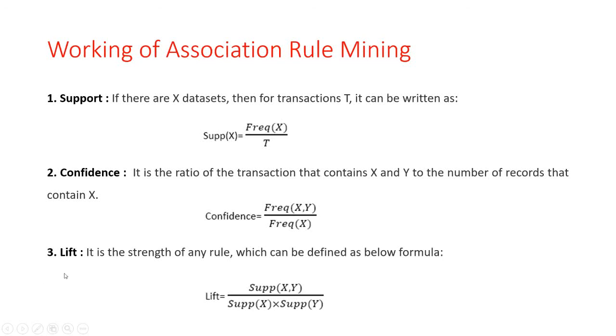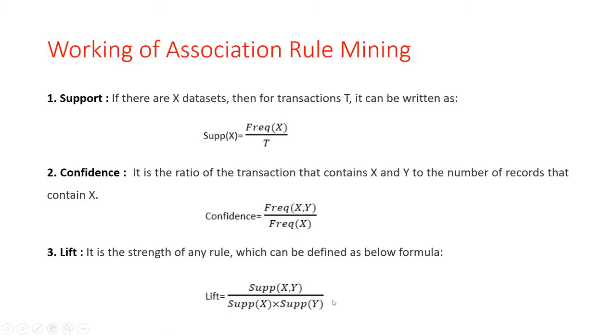And what is meant by lift? As I said, lift is defined as the strength of any rule. So lift is equal to support of X comma Y, in which X and Y appear together, divided by the support of X into the support of Y. It is the ratio of the observed support measure to the expected support if X and Y are independent of each other.